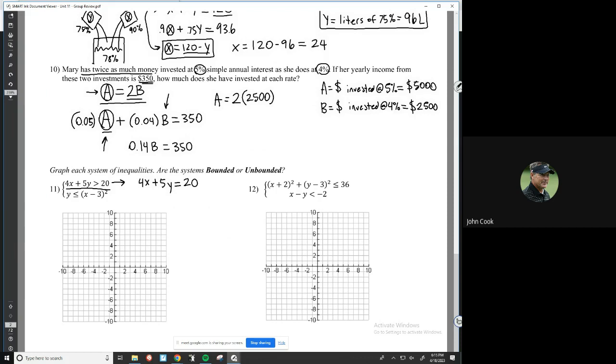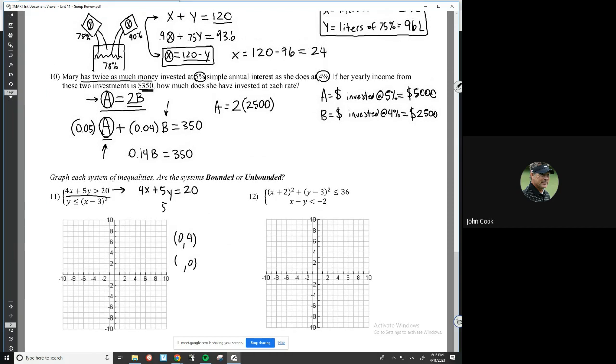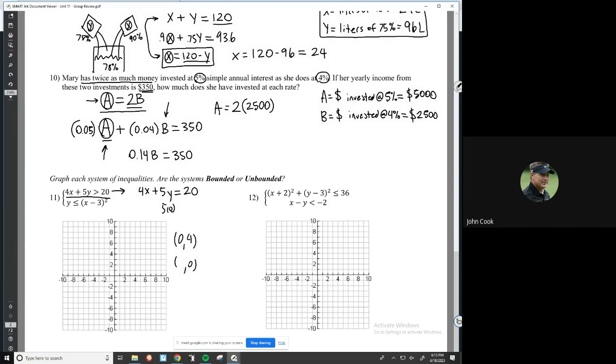So if I plug in 0 for x, then my y value would have to be equal to 4, and then if I plugged in 0 for y, my x value would have to be equal to 5, so 5, 0.